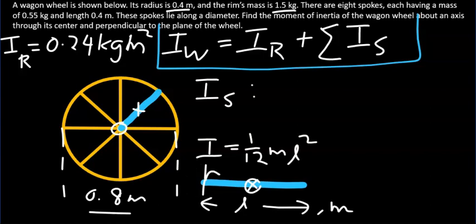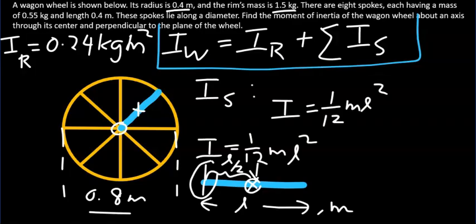So since this length is L/2, by using parallel axis theorem, moment of inertia of a uniform rod about an axis passing through one of its ends is quite simply the moment of inertia of that same rod about an axis passing through the center, which is 1/12 mL squared, plus m times that distance squared, so (L/2) squared.